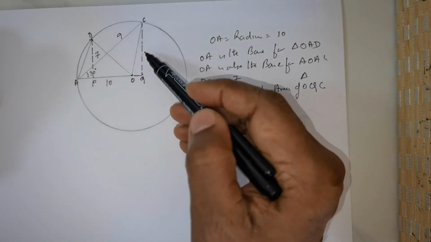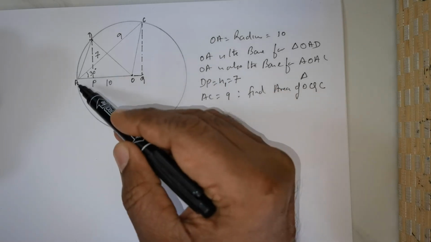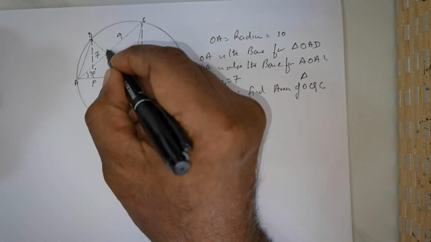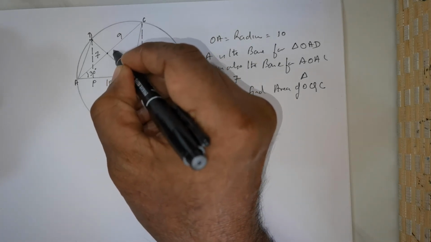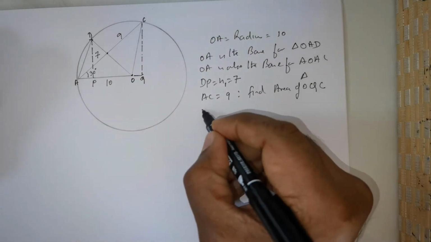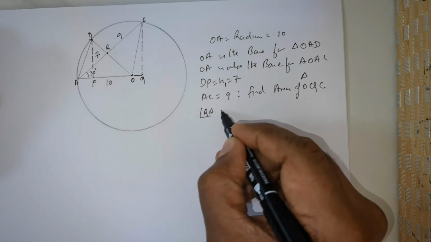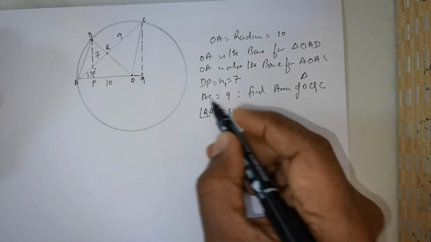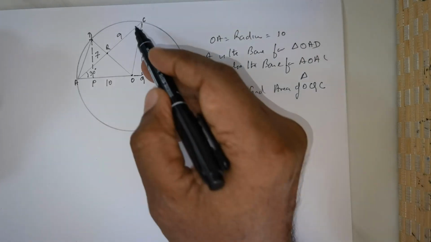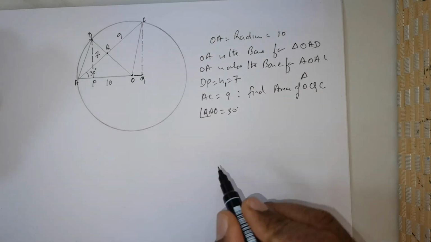Of course this is the requirement, and we are also given the angle. If I were to take this as some point say R, we are given that RAO is 30 degrees. So this inclination of the slant height, and CAO is also 30 degrees.